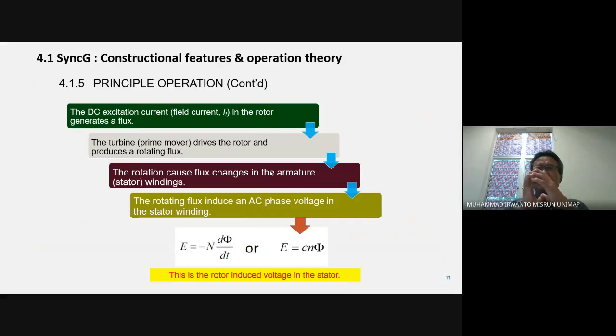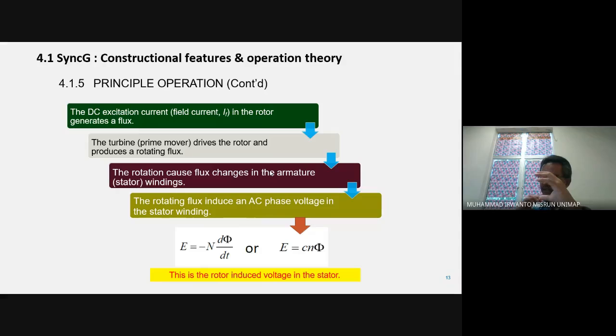The rotor is the mechanical part, the rotating part, and electricity will be produced in the stator. The rotor is constructed with a winding, and the winding is connected to a DC source. The DC source can be a separate DC source such as a battery, or connected to others like a DC generator coupled together.